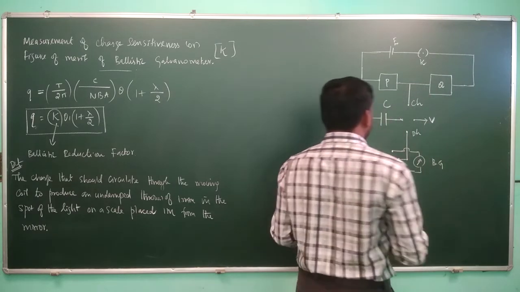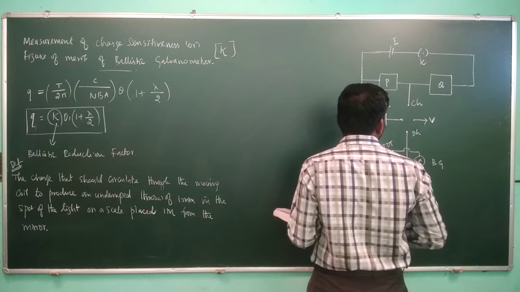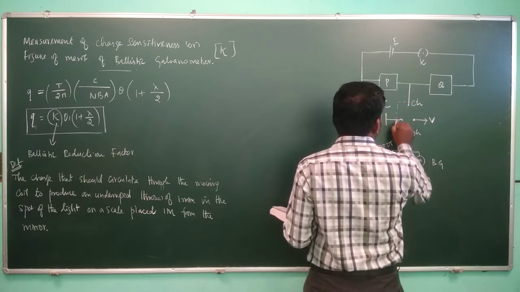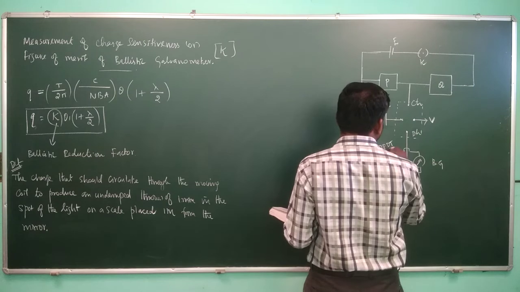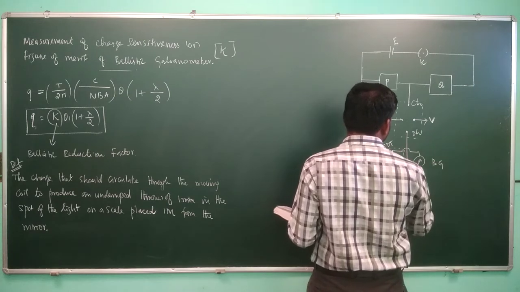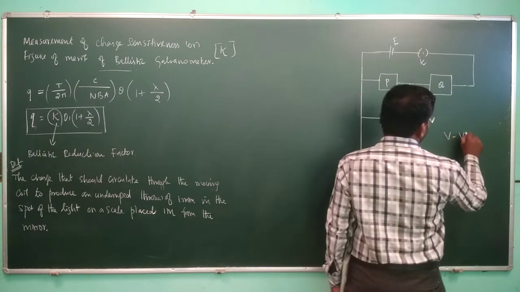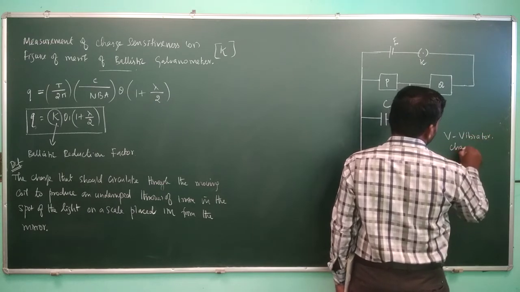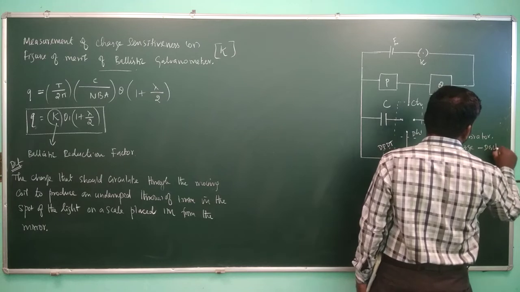This is called a DPDT switch, and this setup is called the vibrator. Here V stands for vibrator, which is used to charge and discharge.